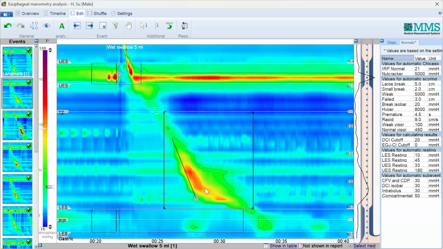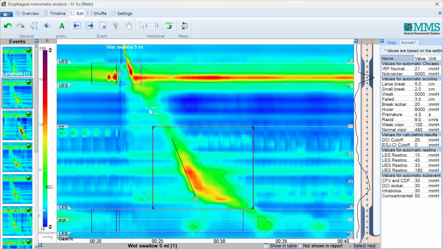Also, we have here what we call a break, because we are moving from different types of muscles, the smooth and the striated muscles. This break is normal, but it should be within range, between 2 and 5 centimeters. If the break is more than 5 centimeters, maybe we have a type of ineffective motility.